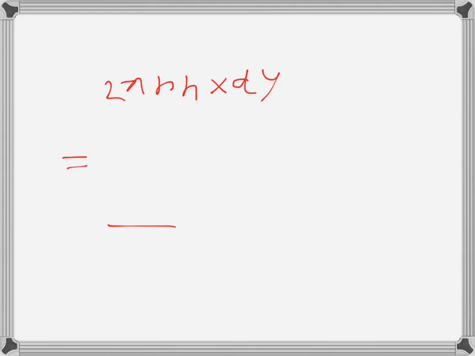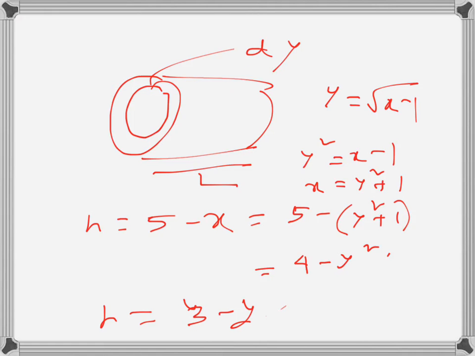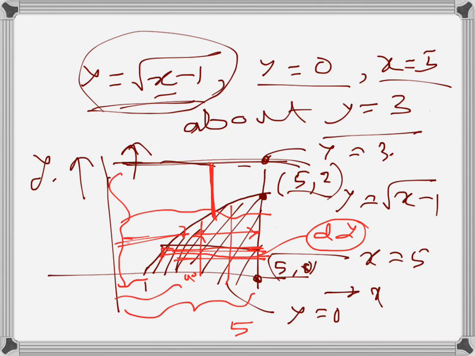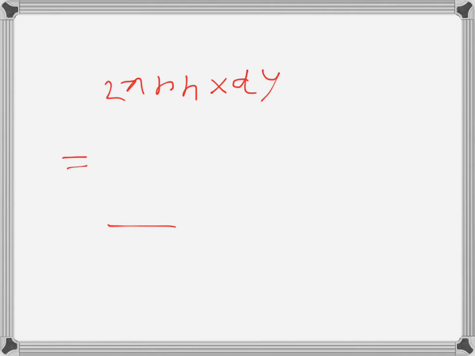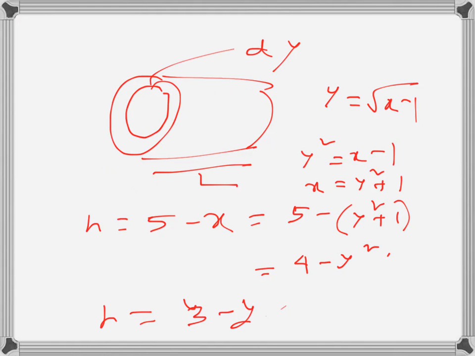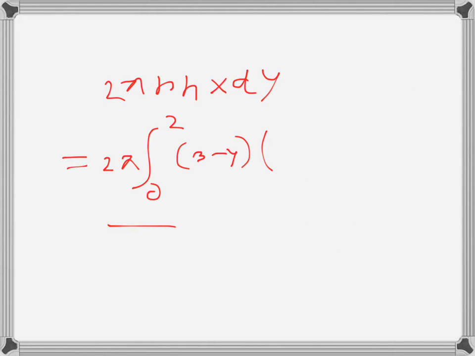So everything has to be in terms of y, and the limits will be in y, so the lower will be 0 and upper will be 2. So 2 pi outside, integral from 0 to 2, and r is, as we saw, 3 minus y, and h is 4 minus y square, and this is dy.